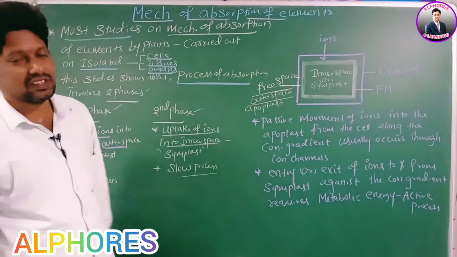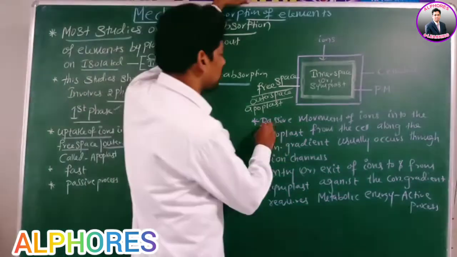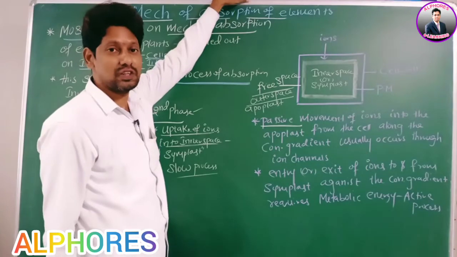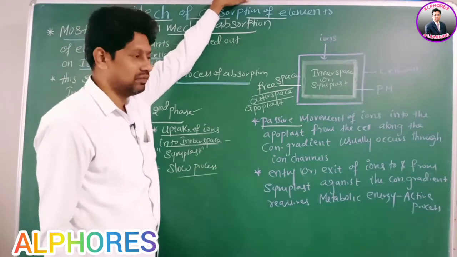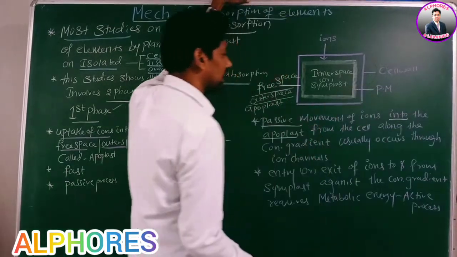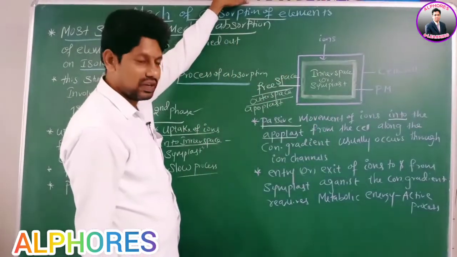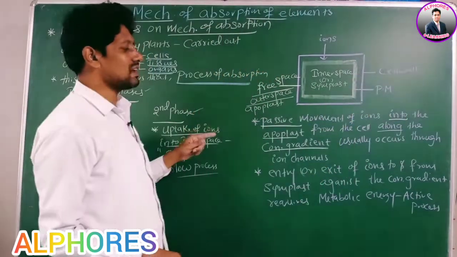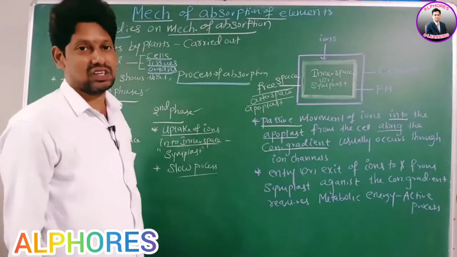Now listen to this statement. Passive movement of ions means without utilizing ATP energy, into the apoplast, along the concentration gradient. What is the meaning of along the concentration gradient?